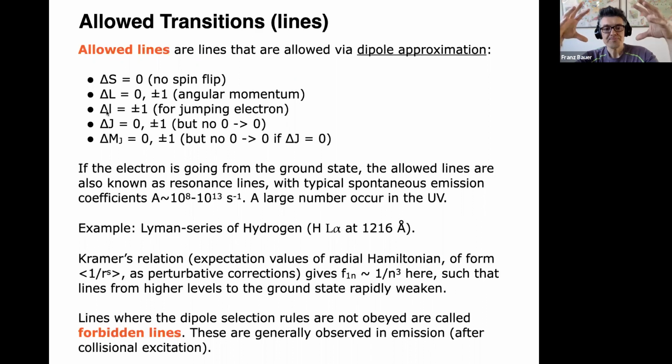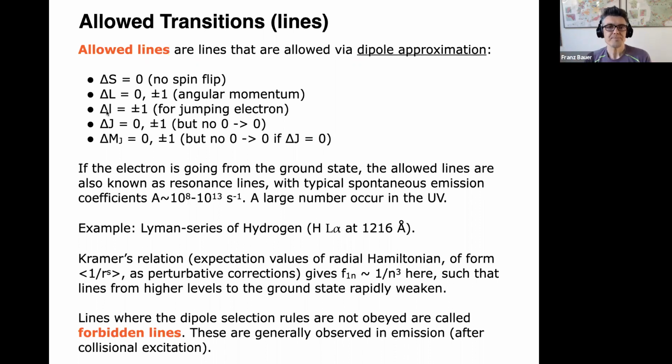Following the different couplings and rules of quantum mechanics, we have certain transitions that are formally allowed, and then some which seem to be not allowed.